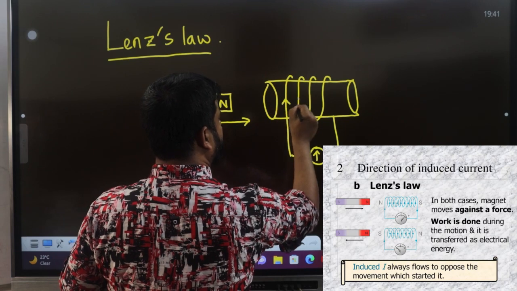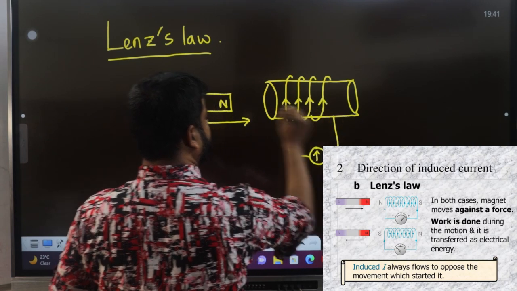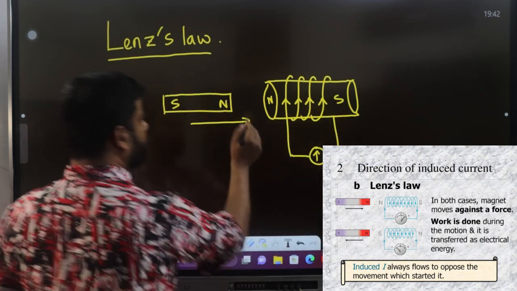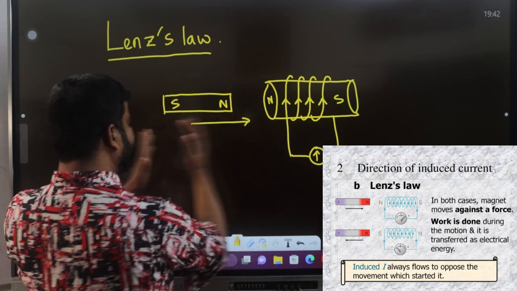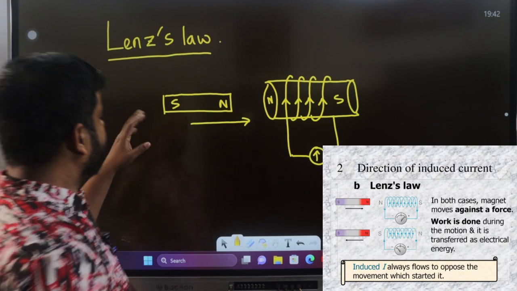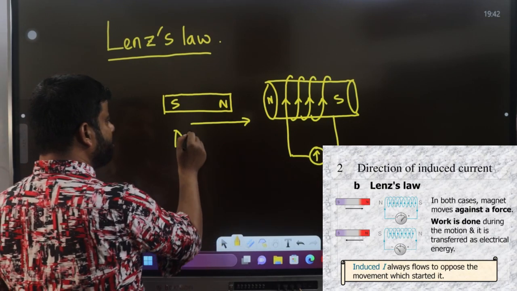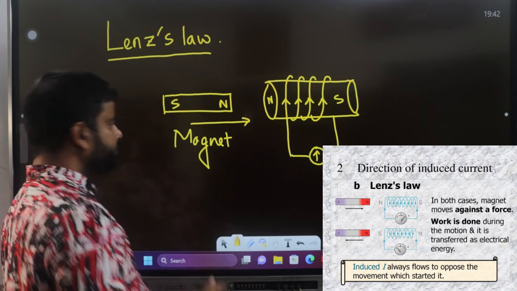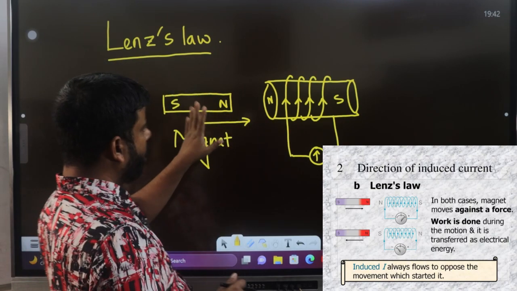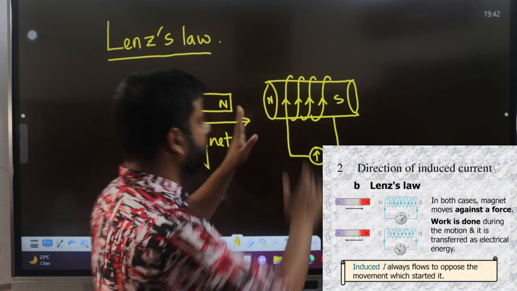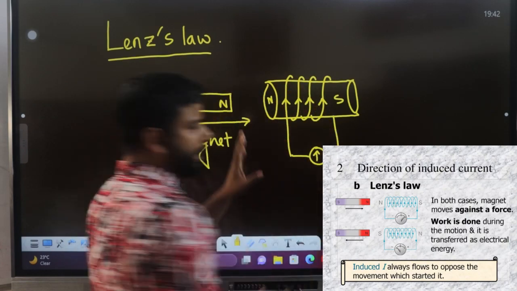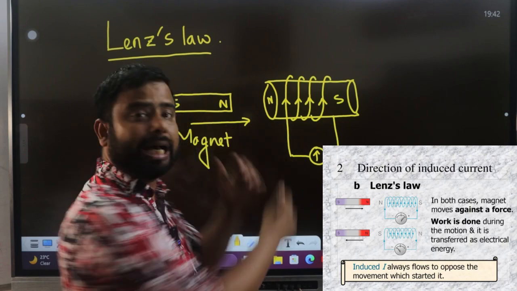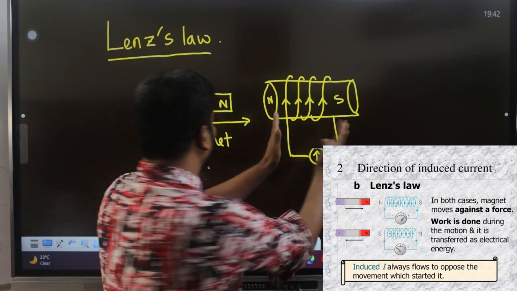The direction of the current is in this way, and this portion will be north pole, and here it is south pole. So like poles repel each other. The induced current is produced due to movement of the north pole of the magnet into the coil, but inside the coil some induced current is produced in such a way that it opposes the cause.